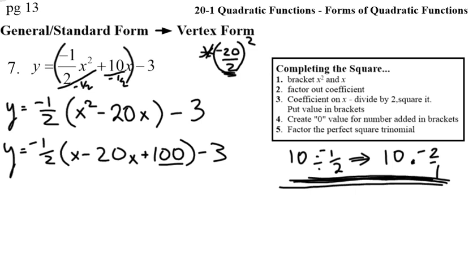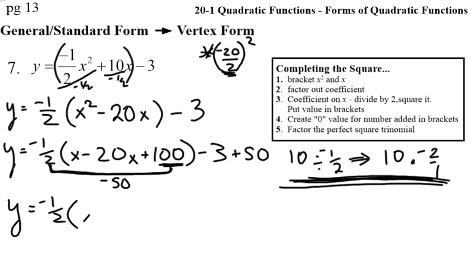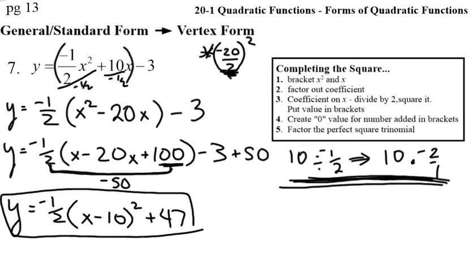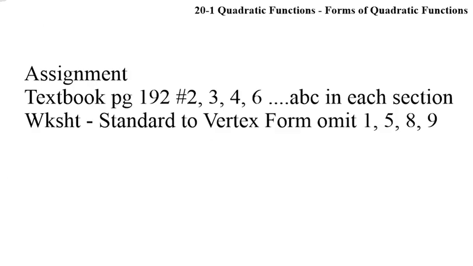But we put in that 100, but with the -1/2 out front, we've actually added a value of -50. 100 times a -1/2, a -50 got added, so we counteract by adding 50 here. -1/2, x, 20 divided by 2, negative, is a -10 squared plus 47. There's our vertex form for this situation. Doing this work with fractions, yes, it's trickier, but you have to be able to accomplish it.